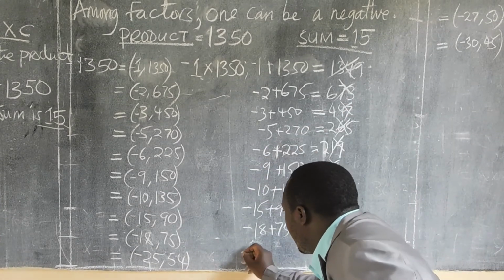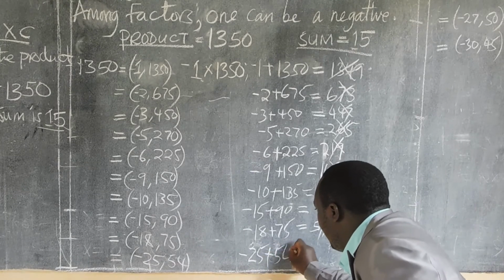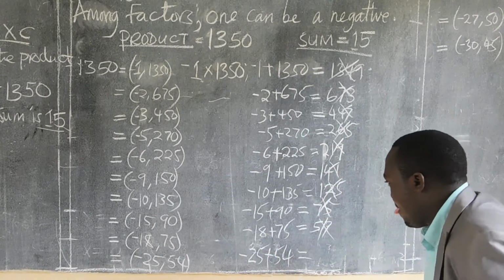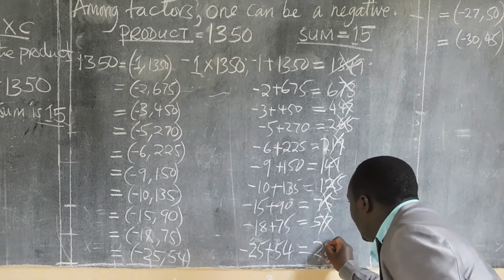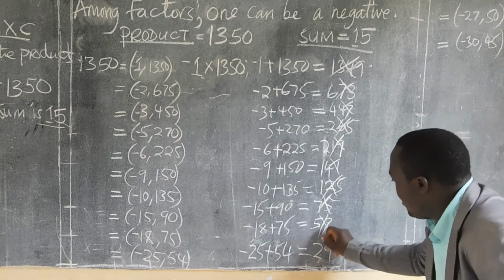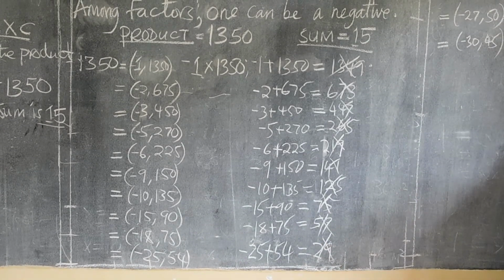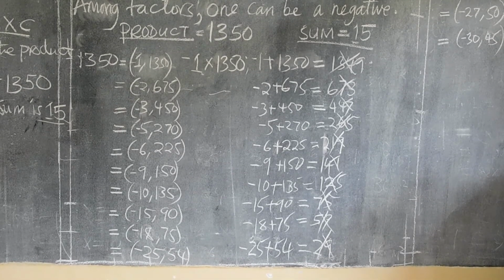Even here also taking negative 25 plus 54. Means taking 54 minus 25. You will remain with 29, which is not also correct. The same to here, taking negative 27 plus 50.